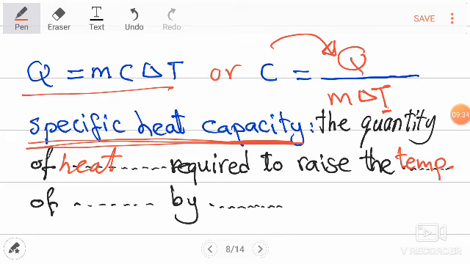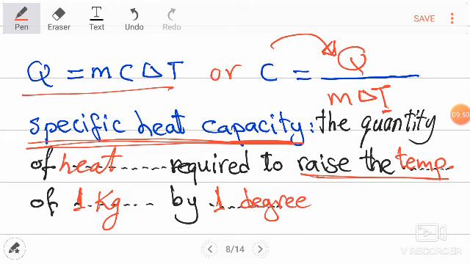Of 1 kilogram, to raise the temperature by 1 degree Celsius. So specific heat capacity is the quantity of heat required to increase the temperature of 1 kilogram by 1 degree Celsius. The specific heat capacity depends only on the type of material.